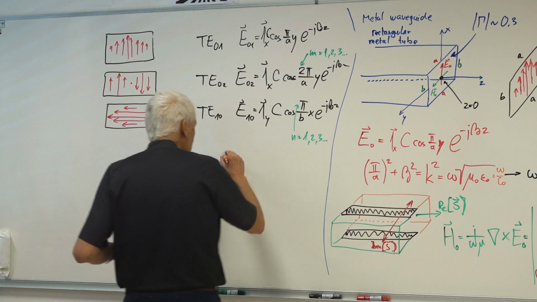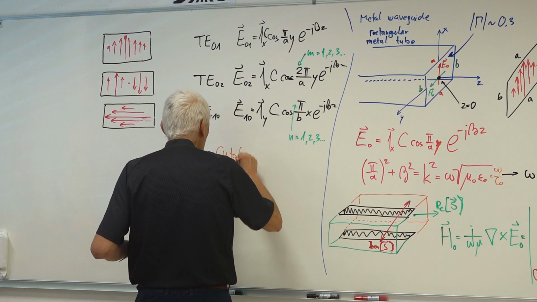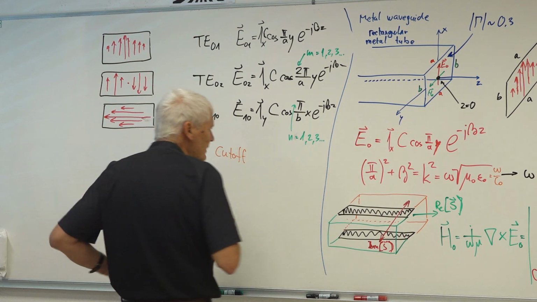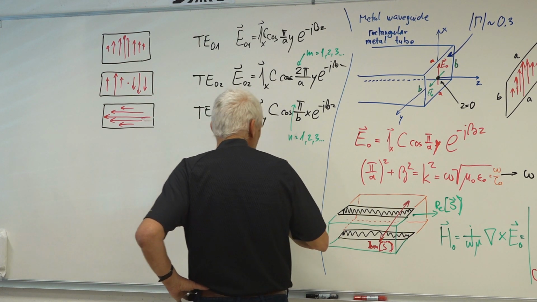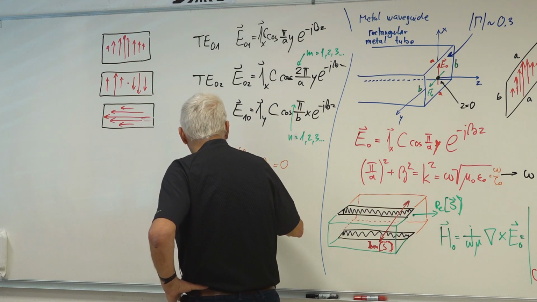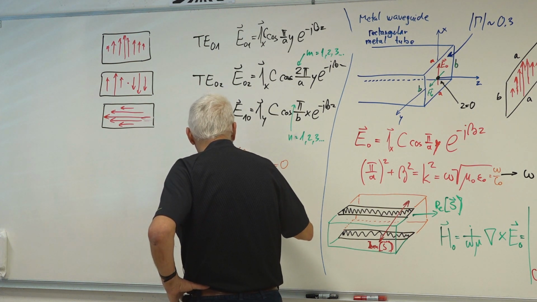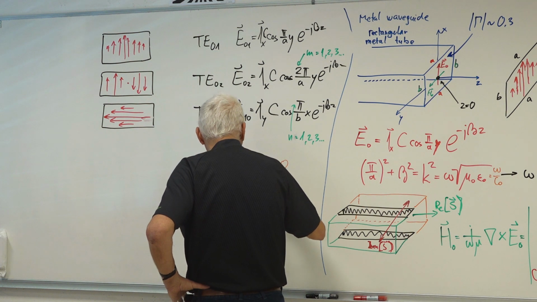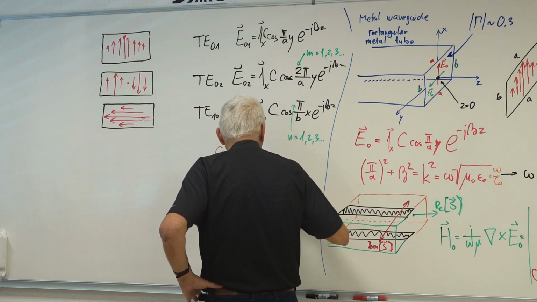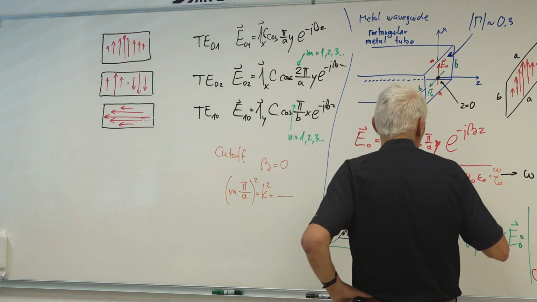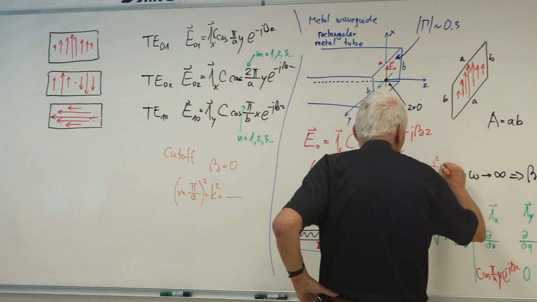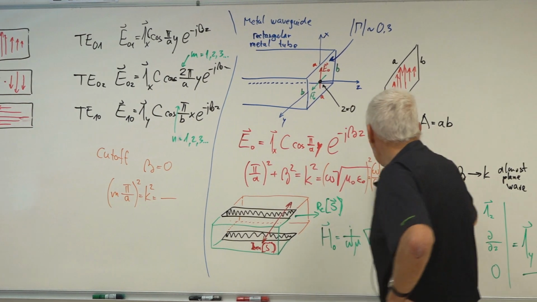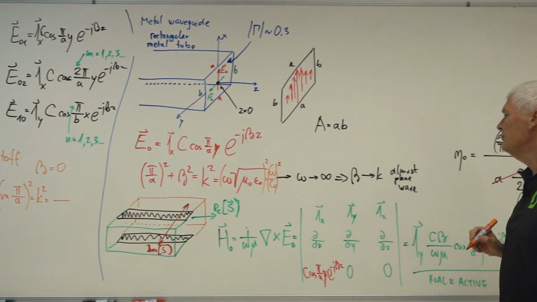So cutoff of the waveguide will happen when beta is equal to 0. So when m times p over a, squared, is equal to k squared, is equal to omega, sorry, all this squared here. I forgot the squared sign before.